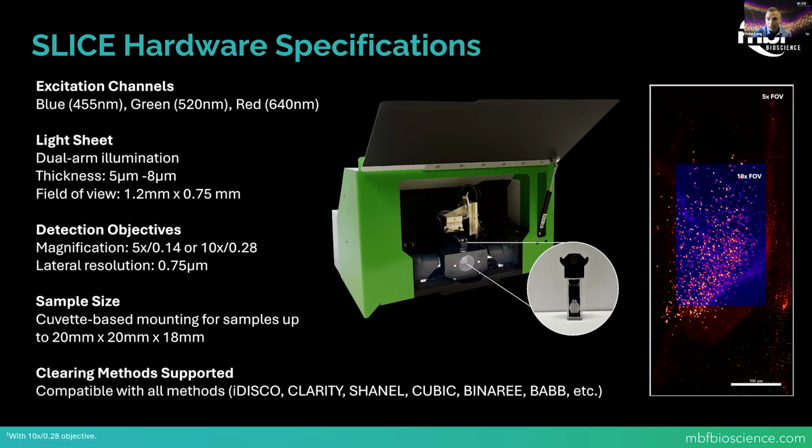Samples are mounted in a cuvette configuration, so that's shown here. This allows imaging of specimens of about 20 by 20 by 18 millimeters in size, which is sufficient for many clear tissue preparations, including whole mouse brain, or large intact organ sections. This cuvette-based sample mounting also reduces the volume of clearing and refractive index matching media required.